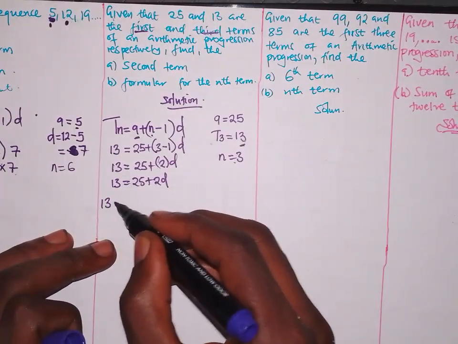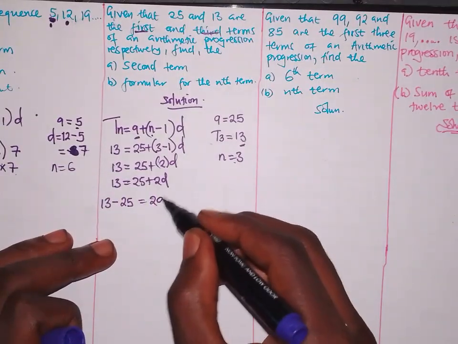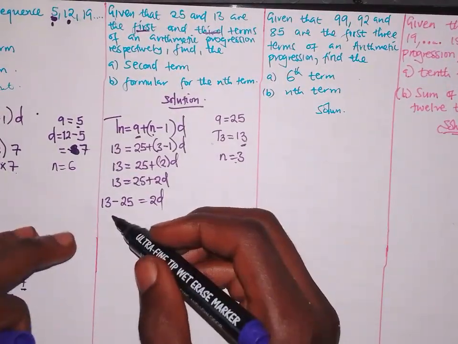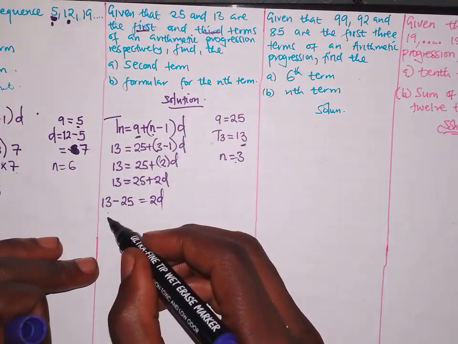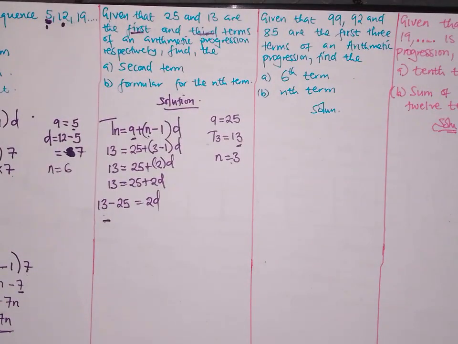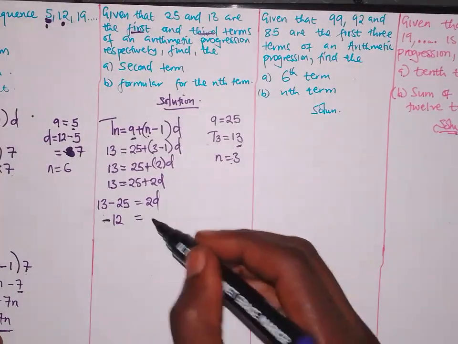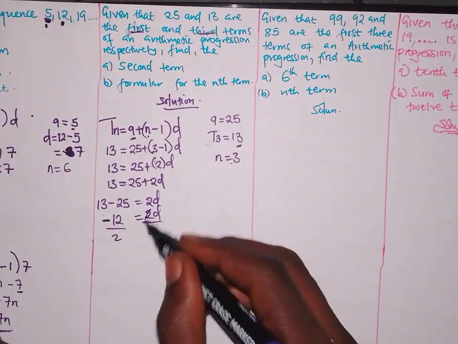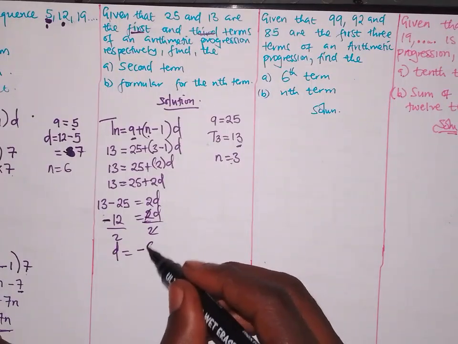We have 13 minus 25, which is equal to 2d. When you subtract 13 minus 25, you will have negative 12, which is equal to 2d. Then you divide by 2, which gives us our common difference to be negative 6.